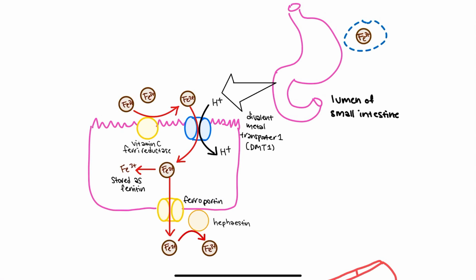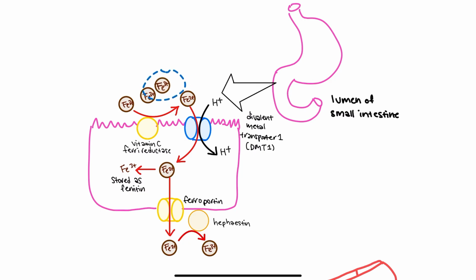So in this video, we are going to talk about the pathophysiology of iron, how it is absorbed, metabolized, and used in our bodies. Once we consume iron, it travels down into the small intestine in the ferric iron form, which is iron 3 plus.